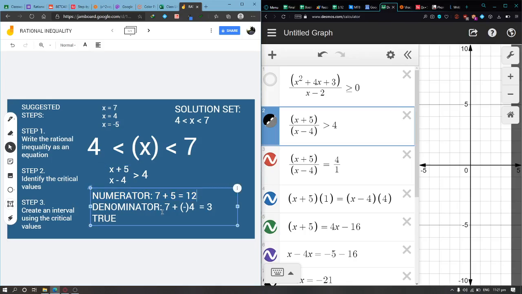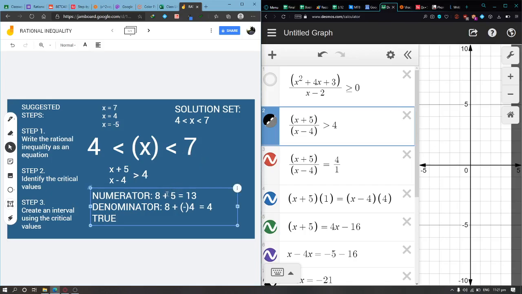So from 7, let us use 8. 8 plus 5 is equal to 13. 8 plus negative 4 is 4. So 13 divided by 4 is 3, remainder 1, or 3.25. So 3.25 is not greater than 4. So any number greater than 7 is false.